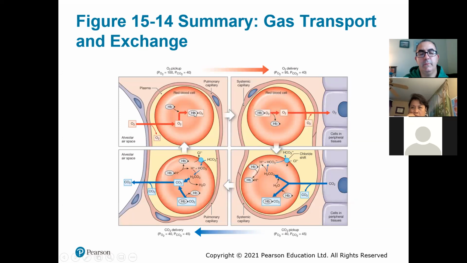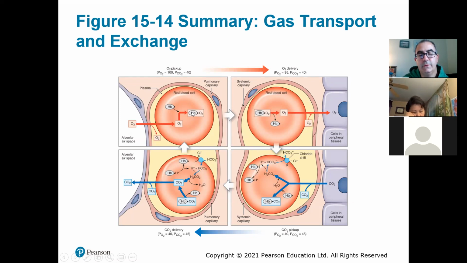It's binding to hemoglobin. Carbon dioxide, which is bound to the red blood cell, is traveling to your lungs so that you can exhale that carbon dioxide. Now this whole thing here is the carbon dioxide that has shifted to H2CO3 and is dissociating, in order to maintain your blood pH.